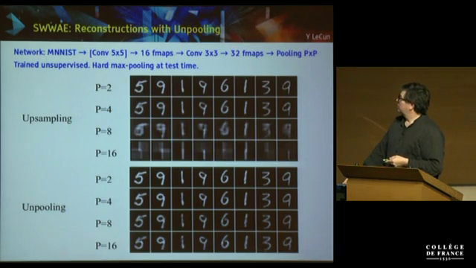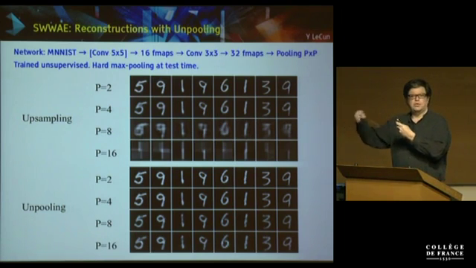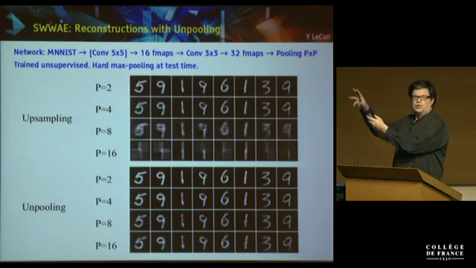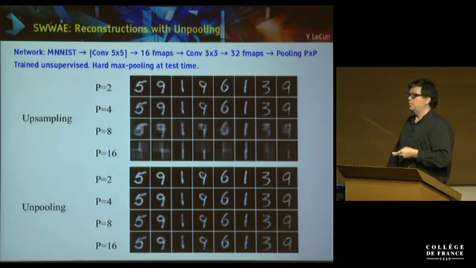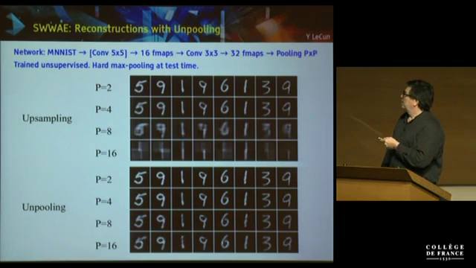This works quite well. Just to show you examples of reconstructions using unpooling instead of upsampling. Many convolutional networks for producing images use upsampling instead of unpooling, just copying values to obtain a high-resolution map, and then you add layers. There are many examples that I've shown you before which do that.